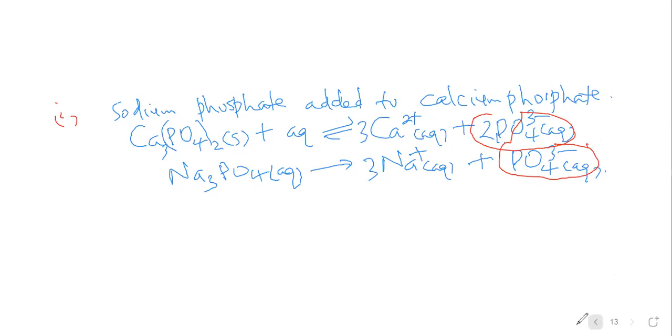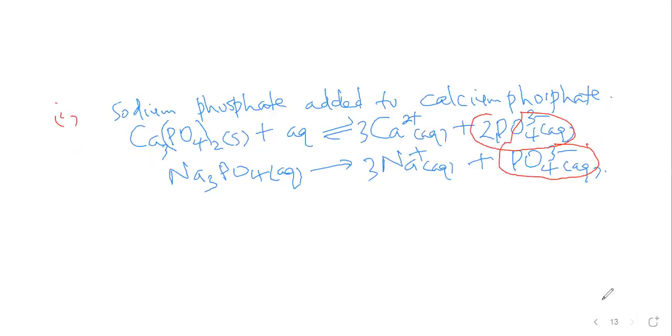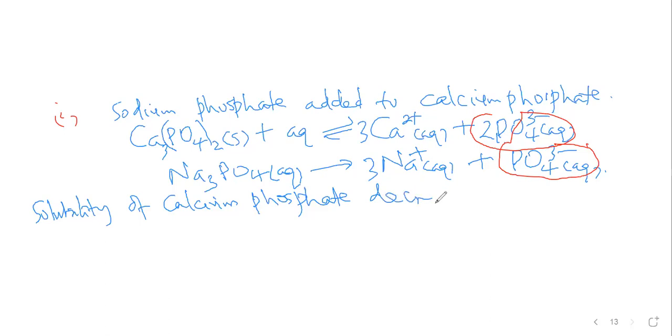Remember, the question says, explain what would happen to the solubility. Begin by telling us that common ion effect decreases solubility. So we'll say solubility of calcium phosphate decreases in water, decreases.